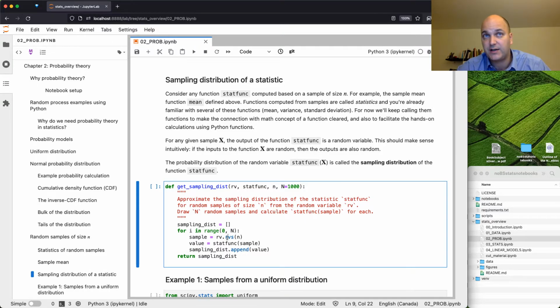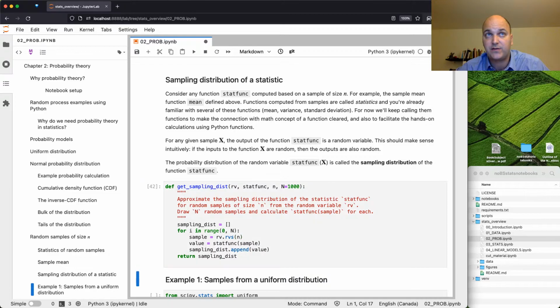So here we're saying sample size n, compute whatever function it is, whatever statistic on that sample, and that's it, just record it. So the sampling distribution is the output of the statistic for different samples. So let me define that.